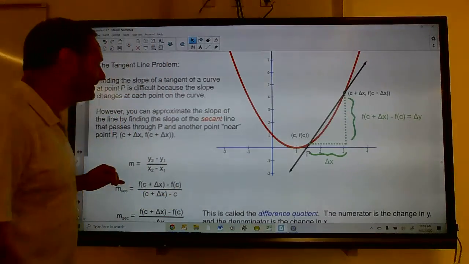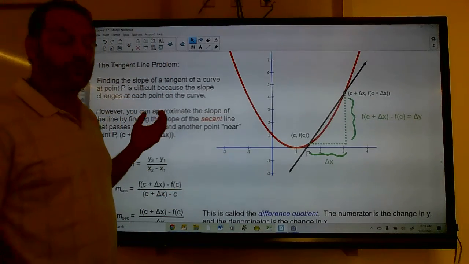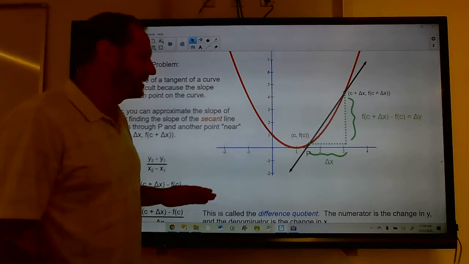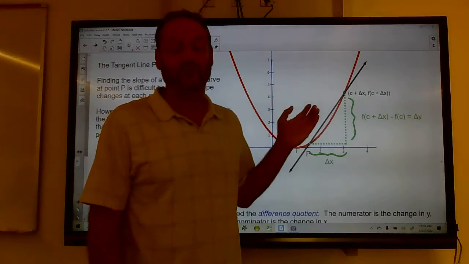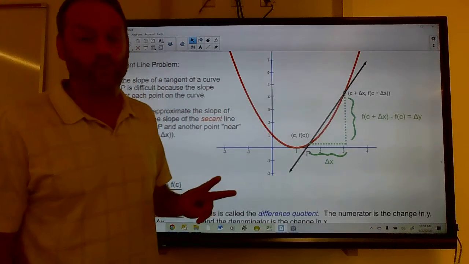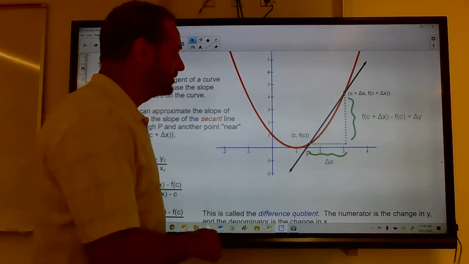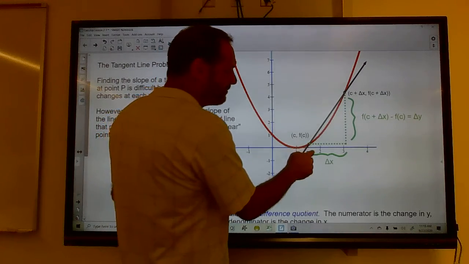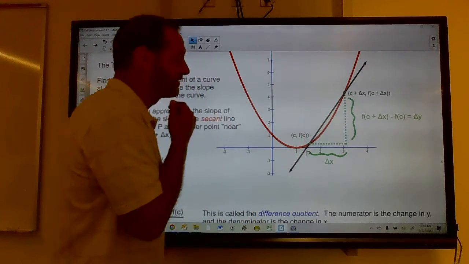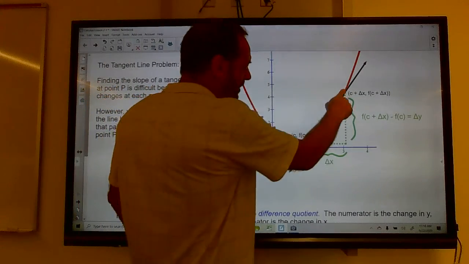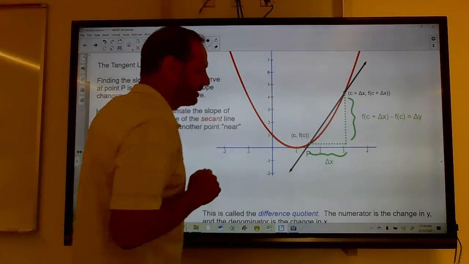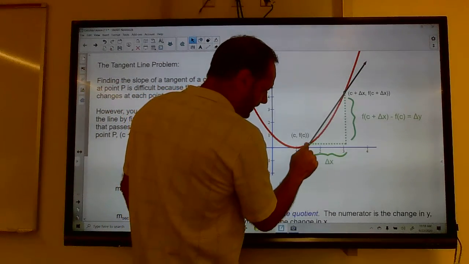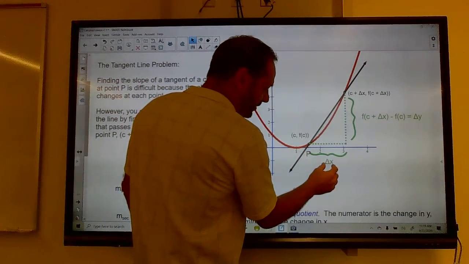The problem is it's difficult to calculate the slope of that tangent line. So instead of finding the slope of a tangent line, we find the slope of a secant. What is a secant line? A secant line is a line that passes through a curve at 2 points. So here's the point I want to know the slope at. I pick some other point on the curve that is somewhat nearby this point P. The difference between the x-coordinate here and the x-coordinate here is called delta x.